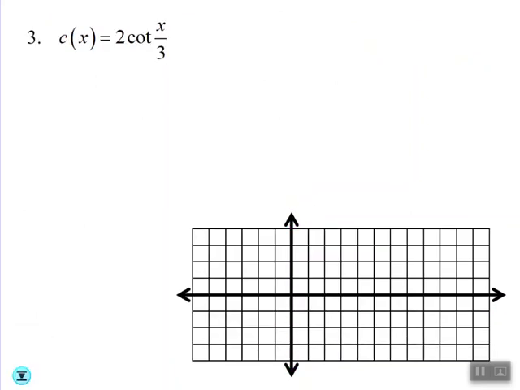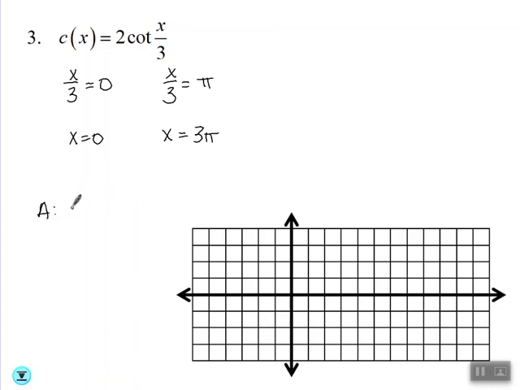Next, we have c of x equals 2 cotangent of x over 3. So we need to find our asymptotes first. This time we have a cotangent function, so we need x over 3 equals 0 and x over 3 equals pi. If we multiply by 3, we get x equals 0 and x equals 3 pi as our asymptotes.